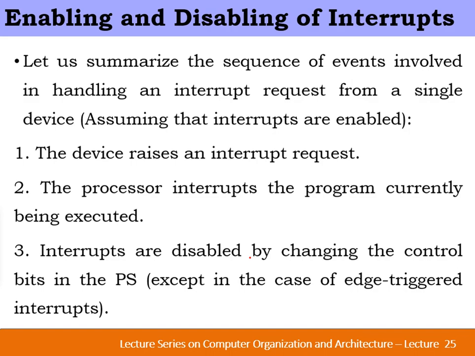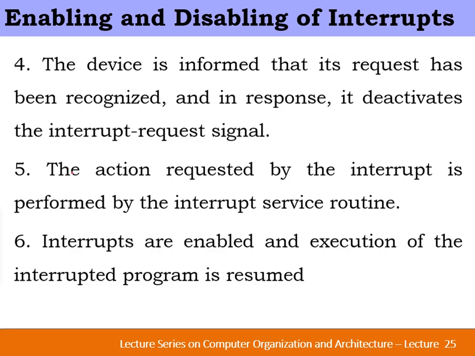This can be done in three ways: executing the interrupt disable and interrupt enable instructions, changing the interrupt enable bit in the program status register, or using the special case called edge triggered interrupt.